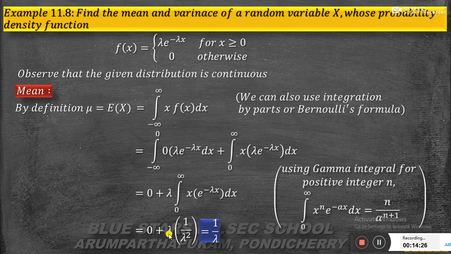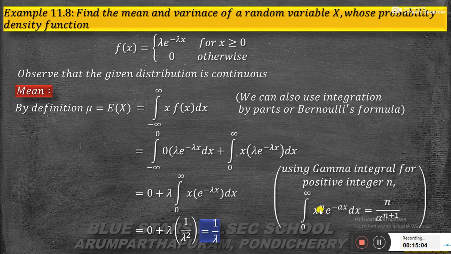Now you see this is the gamma integral, so I use the gamma integral formula: integral 0 to infinity x power n e power minus ax dx equals n factorial by a power n plus 1. Comparing this integral with the formula, x power n means n equal to 1, and e power minus ax means a equal to lambda.